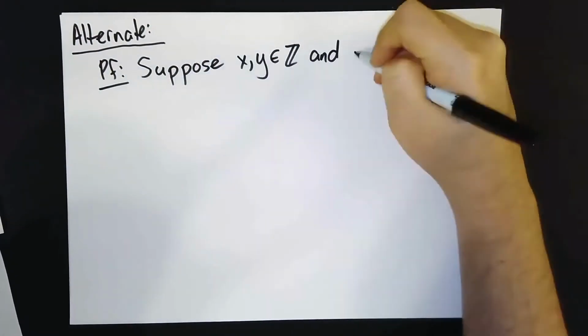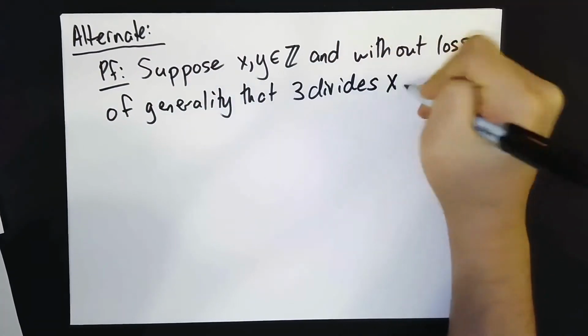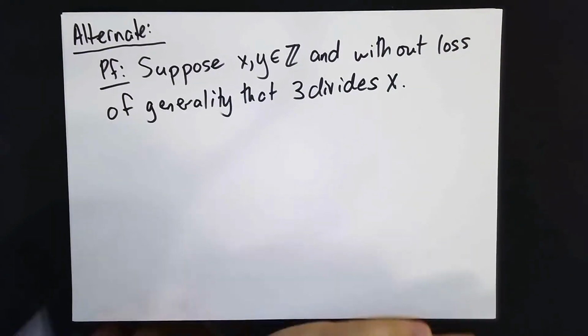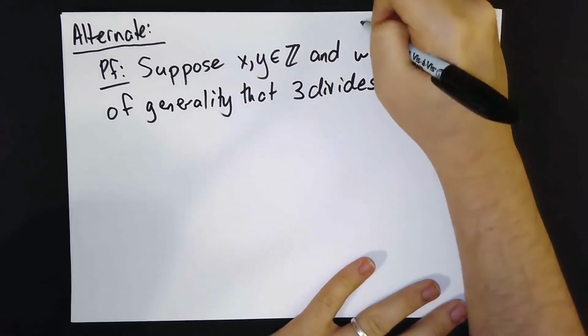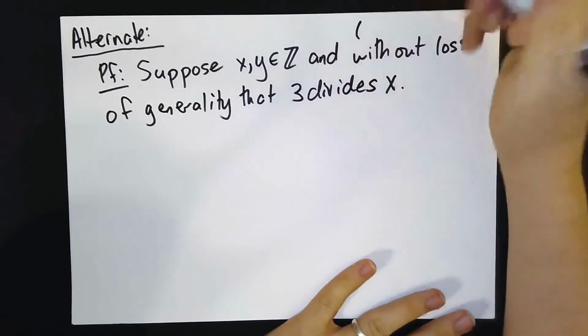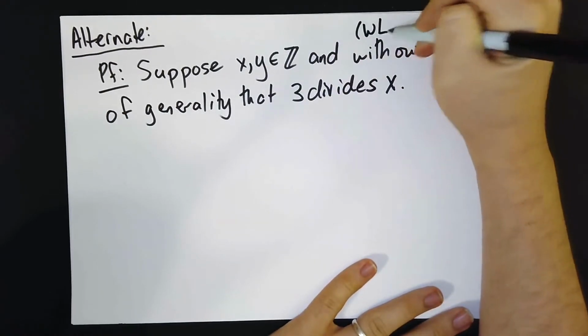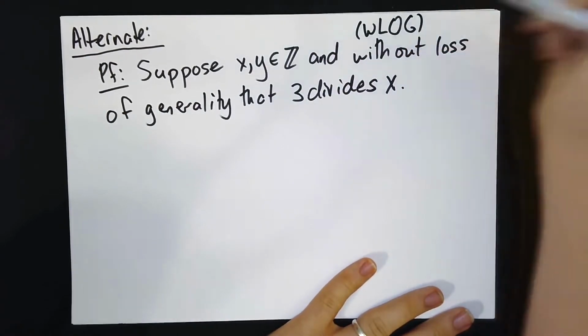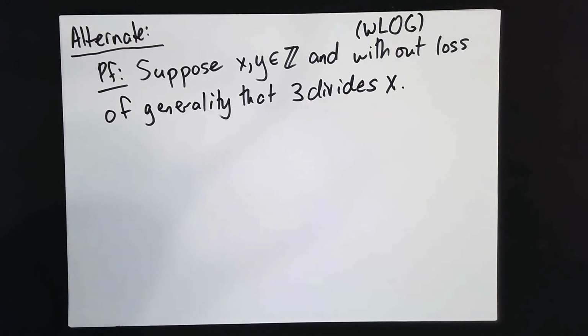The magic phrase is without loss of generality. So when we write this proof, I'm going to start with a sentence like, suppose that x and y are integers, and without loss of generality, that 3 divides x. And when you see this written out by hand, you will almost always see it written as WLOG, just the abbreviation for without loss of generality.